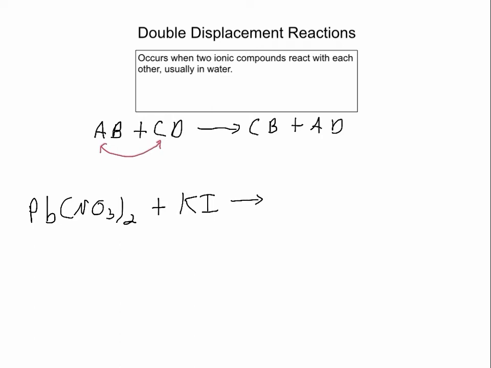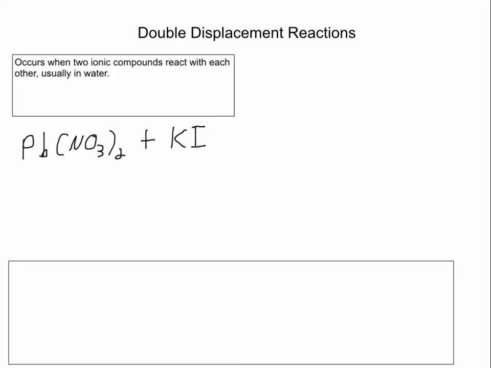Once we know that we have two ionic compounds, which we do, both of these compounds have a metal and a nonmetal, we have to check the solubility of the reactants.